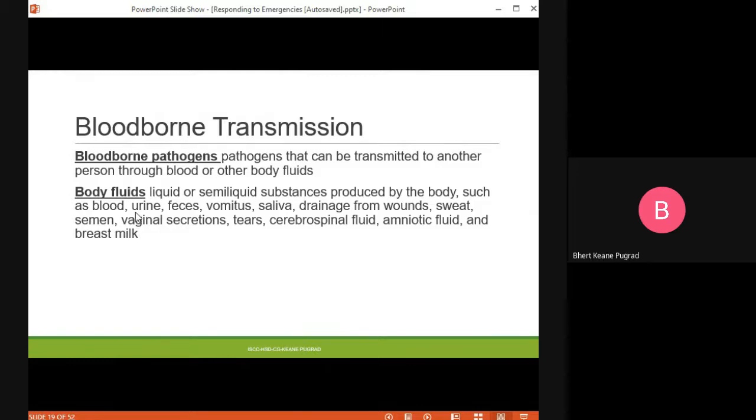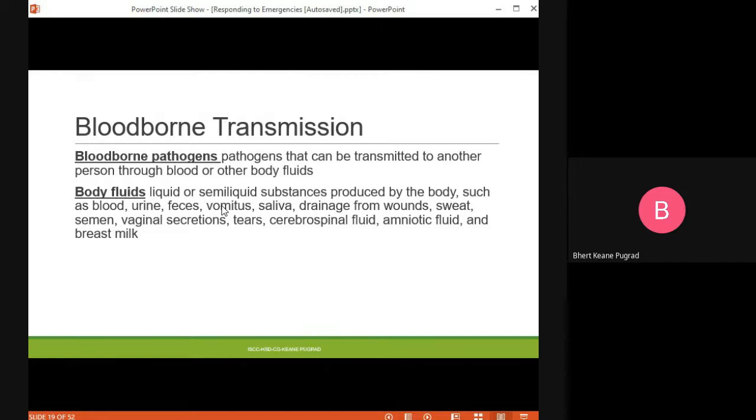When say vomitus, suka, okay, or yisarwa, okay, saliva or kirkatay, drainage from wound, okay? Whether dugo yan or pus or nana or ano, okay? Sweat, okay? Semen, vaginal discharge, tears, cerebrospinal fluid, amniotic fluid, and your breast milk.